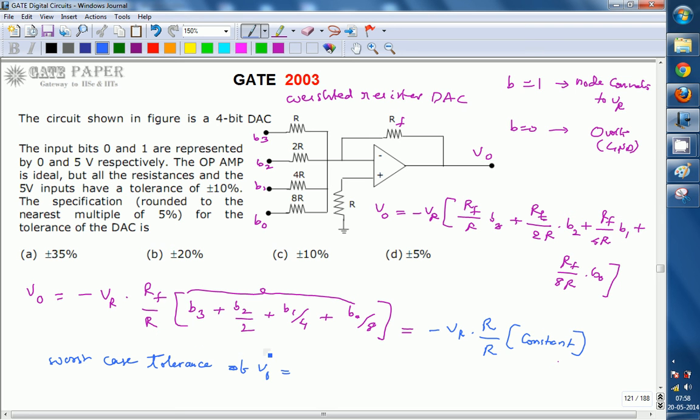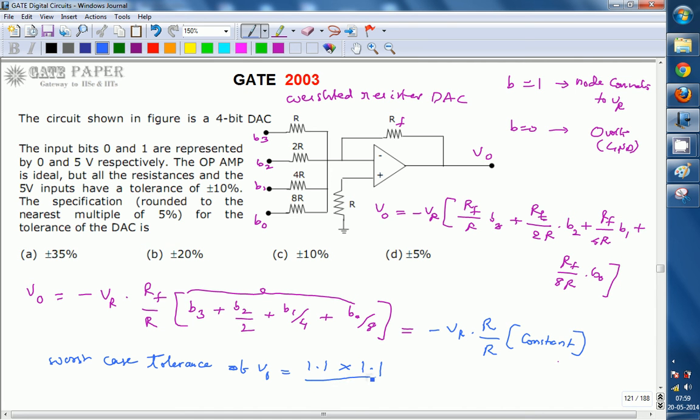The numerator is going to change with 10% extra, that is nothing but plus 10%, so you can say it as 1.1, which is 10% more than the required. And this R value also has plus or minus 10%. So for the numerator to get more tolerance, R changes by plus 10%.